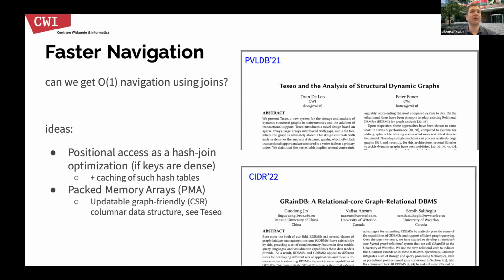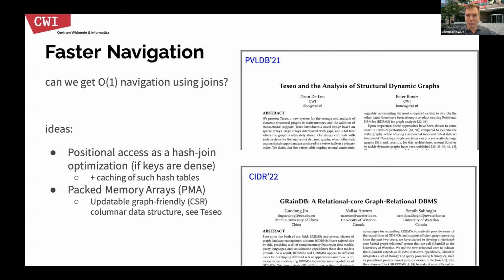You can just put your data in an array, and you can actually have the same performance as you have in a native system. Or at CWI, we had work on PCSR, which is in the area of packed memory arrays, where you do have data stored in arrays, and therefore you do have data that is positionally addressable, but is still updatable, because that is the problem if you put things in a fixed array, that you cannot really update this data very easily.